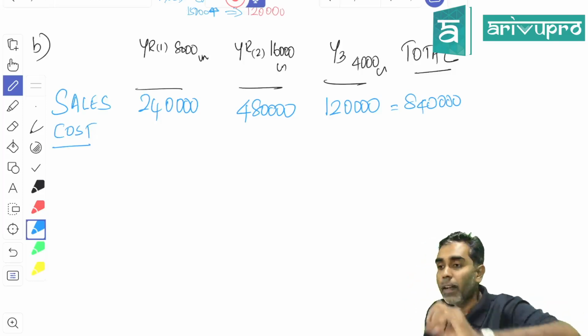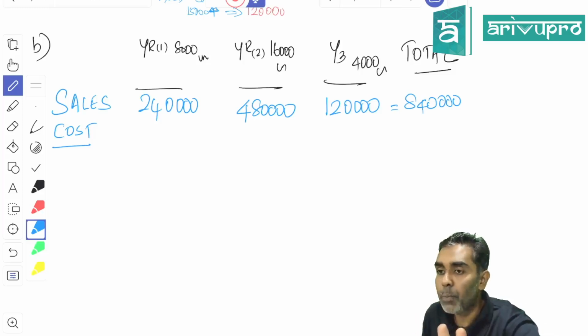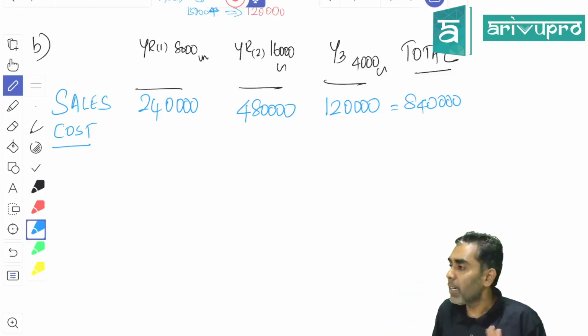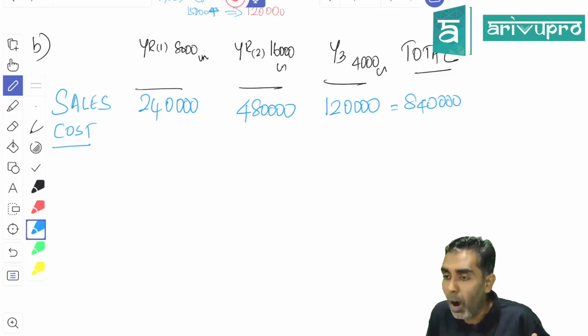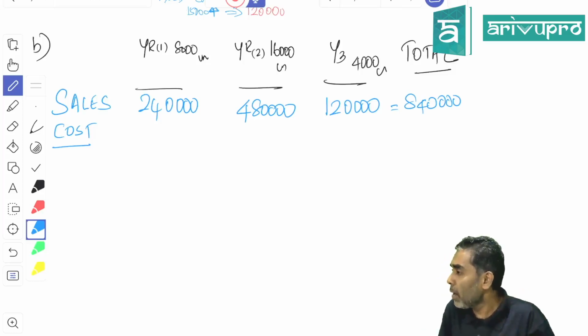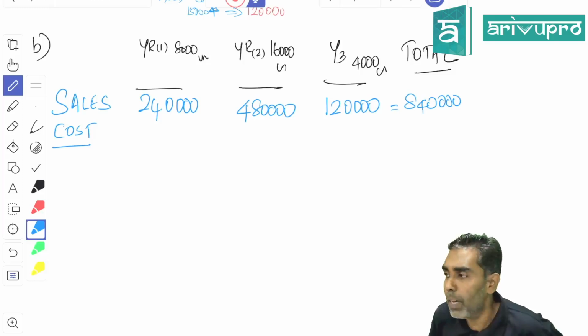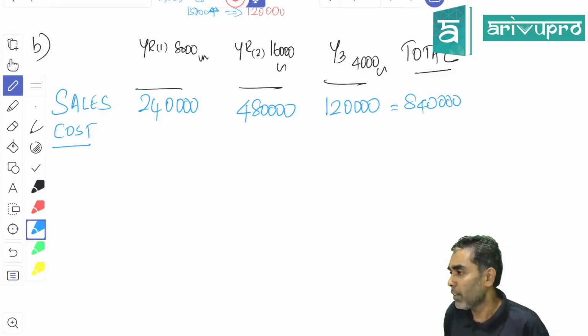In performance management, if ever possible to calculate contribution, please calculate the contribution. Don't ever calculate the profit straight away. Always show the breakdown in any part of performance management.